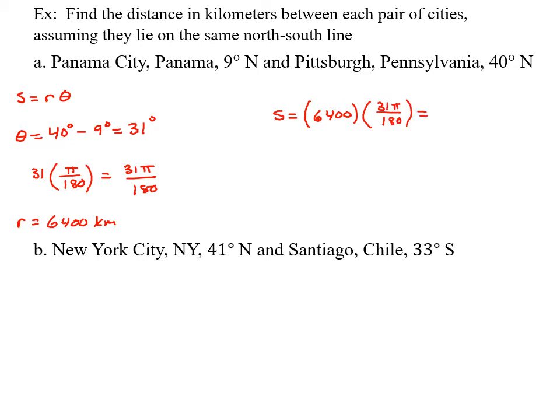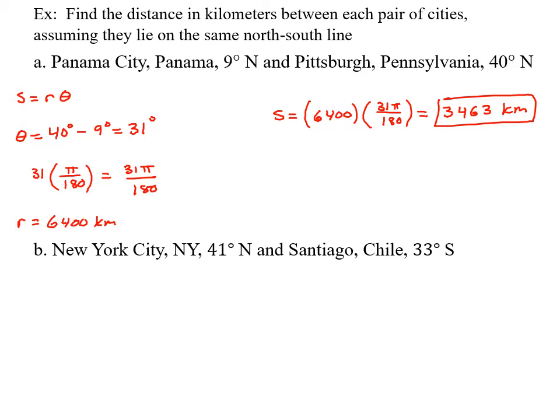And we type that in the calculator and see what happens. So I'll type 6,400 times 31 times pi divided by 180. And I'll get those 2 cities are 3,463 kilometers apart, rounding to the nearest whole number.